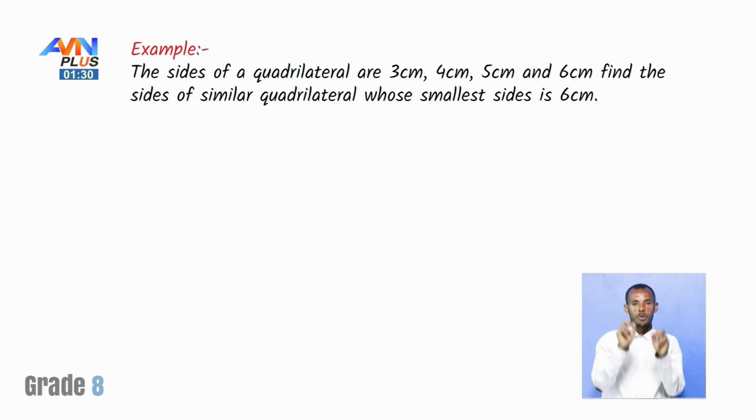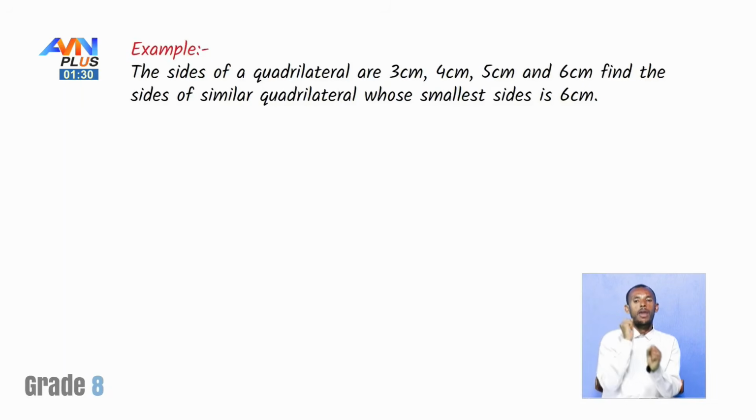Okay, the sides of a certain quadrilateral are given, 3, 4, 5, and 6 centimeter respectively. Okay, a quadrilateral means a 4-sided polygon. Okay, you need to know this one. So this is given.